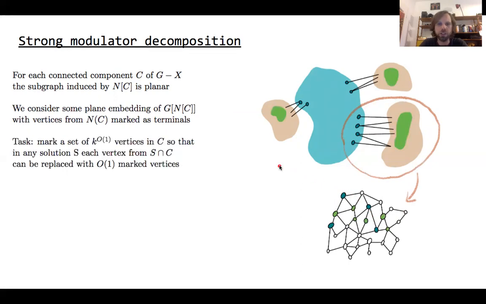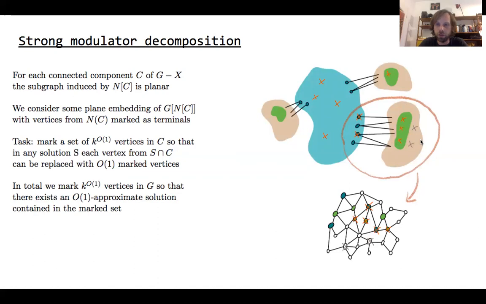Our strategy is now to process each subgraph independently, and in each of them mark some green vertices, so that for any solution, if this solution deletes some vertices which are not marked, then every such vertex can be replaced with a constant number of marked vertices. This means that when we take a union of all the marked vertices together with the modulator X, we get a vertex set that covers an approximate solution.